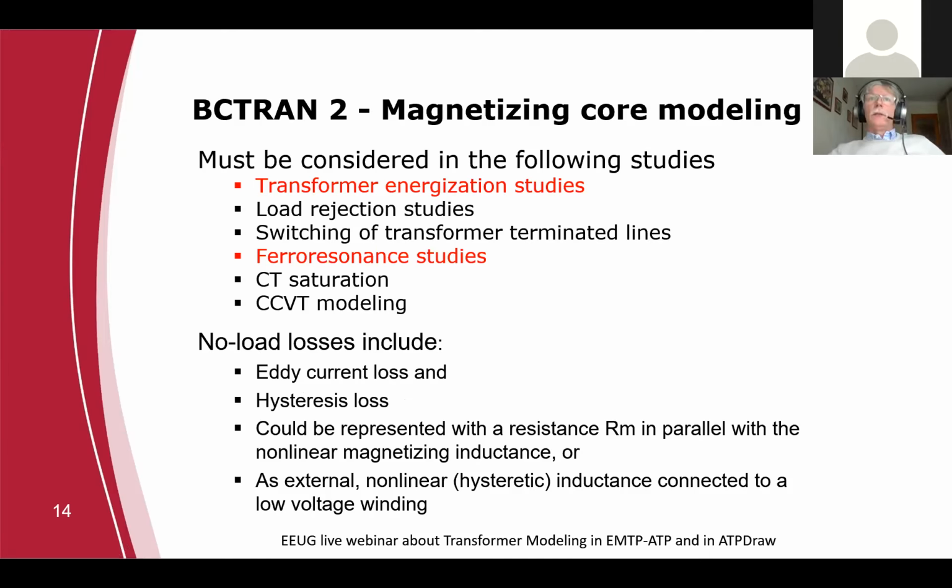How to connect the nonlinear external hysteretic or non-hysteretic inductance to the BC-Tran? The general advice is to connect these nonlinear elements to the winding which is closest to the iron core.